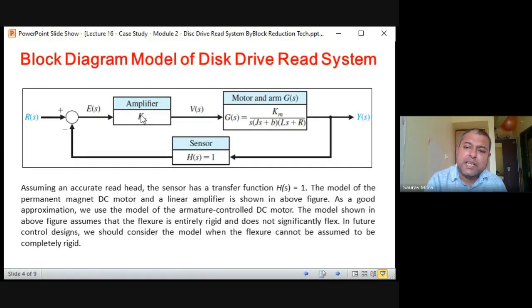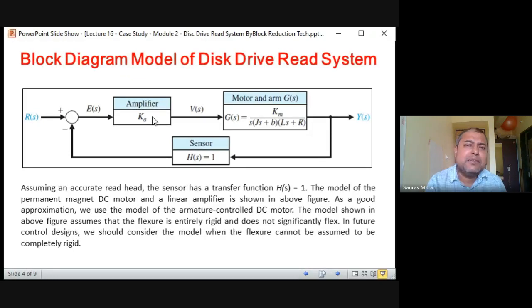If this value is very small, maybe 10 or 15 or 20, then the system is stable, with all poles on the left-hand side of the S plane. Now we increase the gain gradually. Suppose K is equal to 150, at that time the poles are on the j omega axis. If we make Ka greater than 150, all the poles shift to the right-hand side.